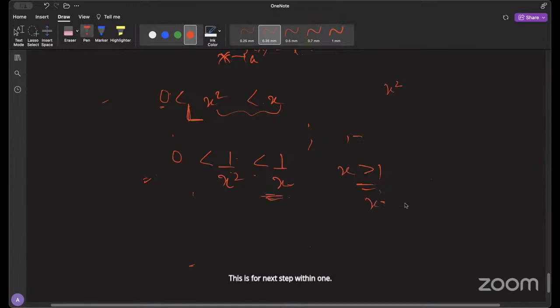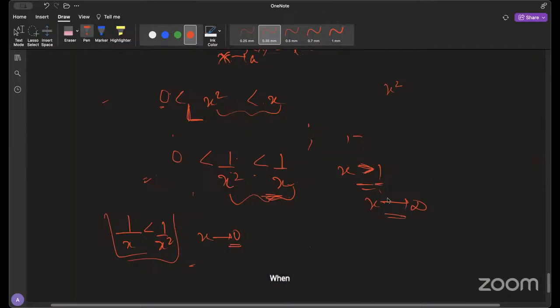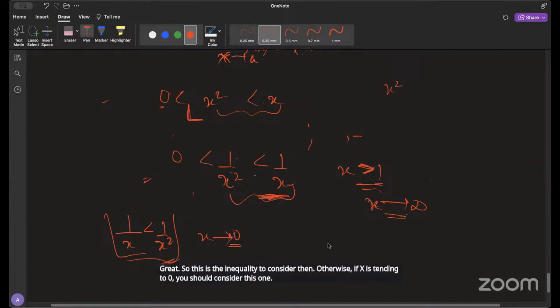So if you want to approach infinity, you should consider this thing. Previously, we considered the other one because you were taking the limit x tending to 0, so near 0 that is true. But when x is tending to infinity, eventually your x becomes greater than 1. So this is the inequality to consider then. Otherwise, if x is tending to 0, you should consider the other one. Is that okay?